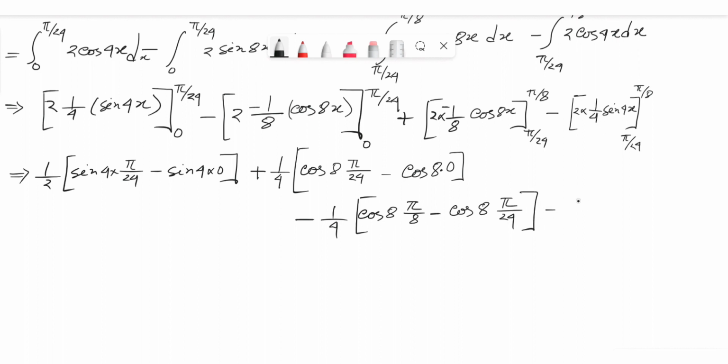minus, and this will come out 1 by 2, and sine 4 into pi by 8 minus sine 4 into pi by 24.